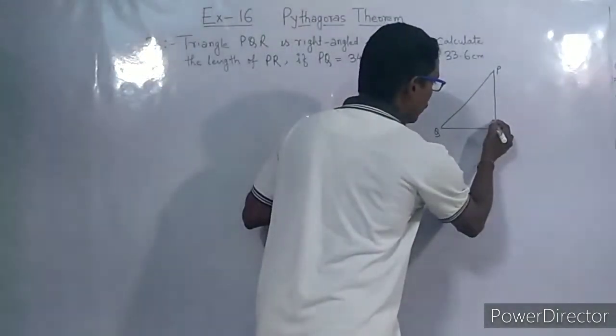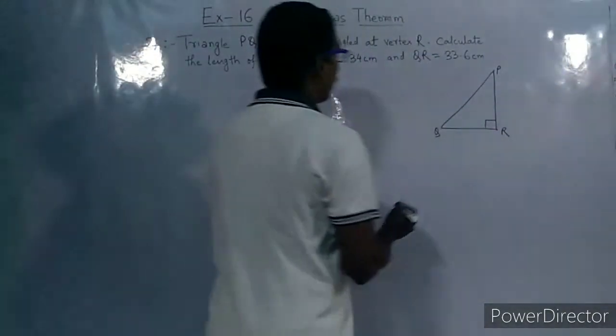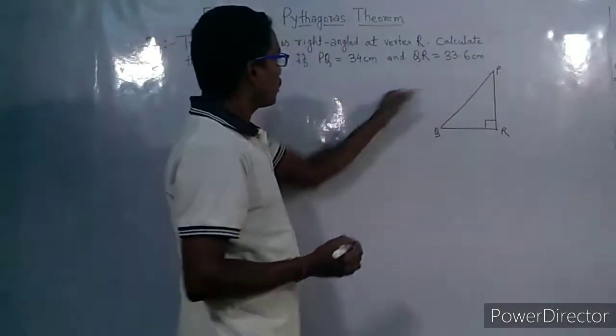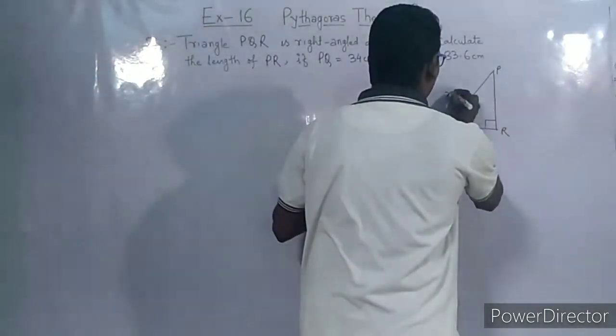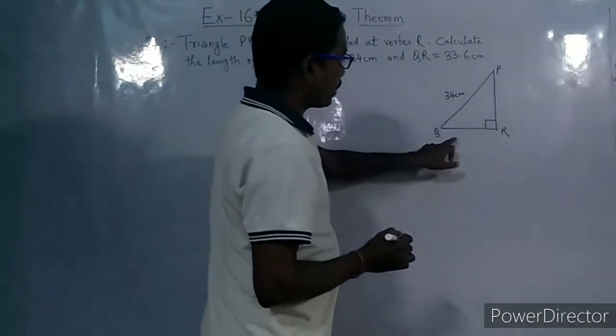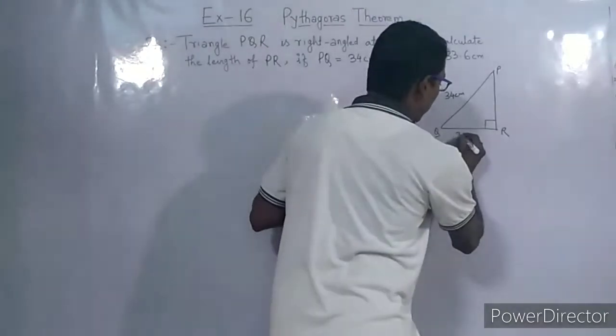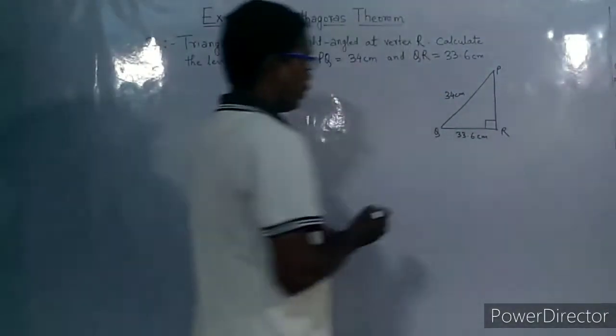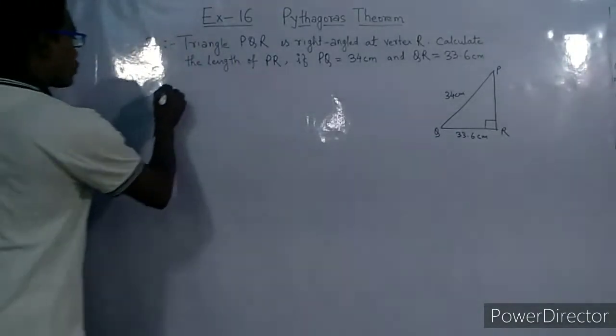PQ means this hypotenuse, which is 34 centimeter, and QR means this base is 33.6 centimeter.